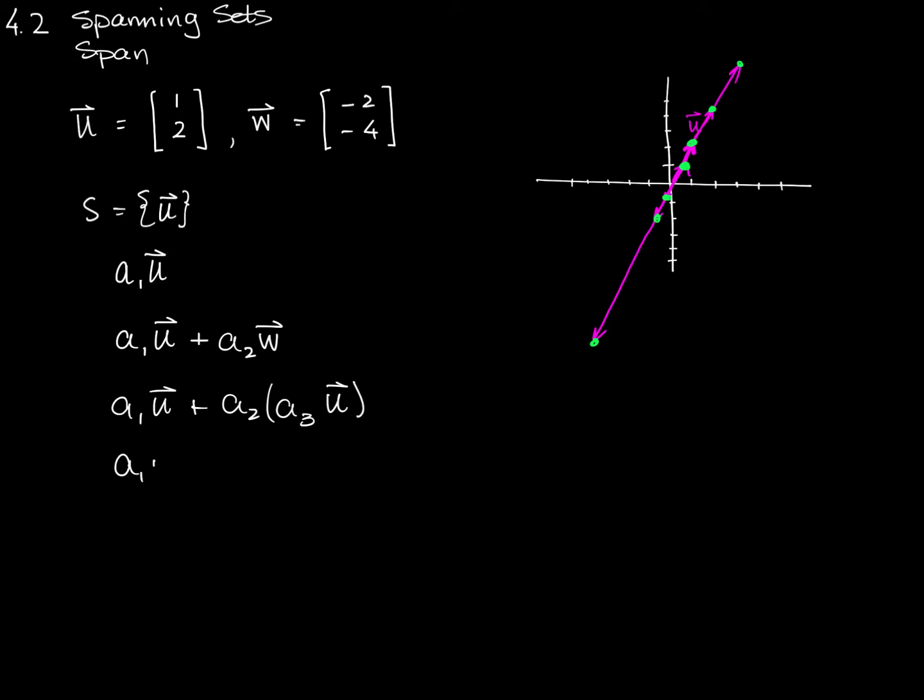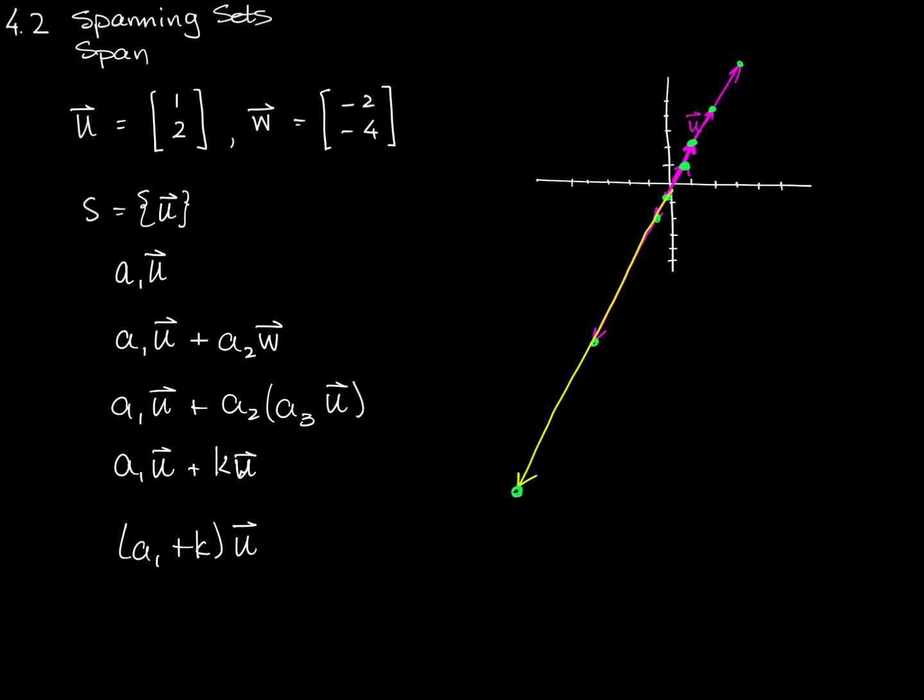So I get a1 u plus some other number, I'll just call it k for now, times u again. And that gives me a1 plus k times u. That's just a scaled version of u.